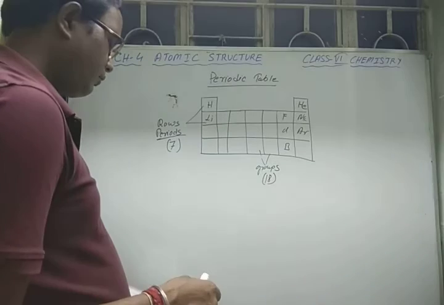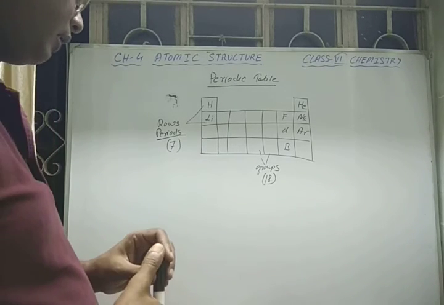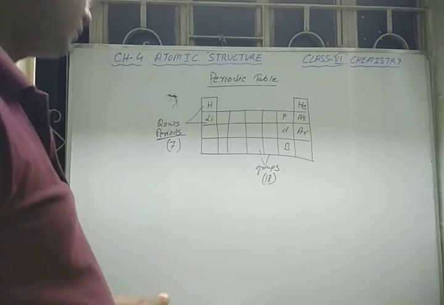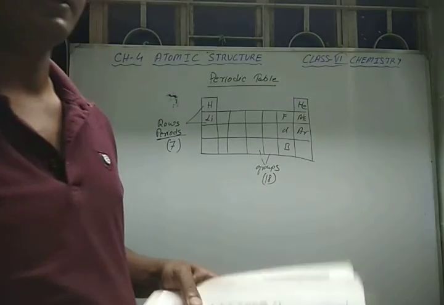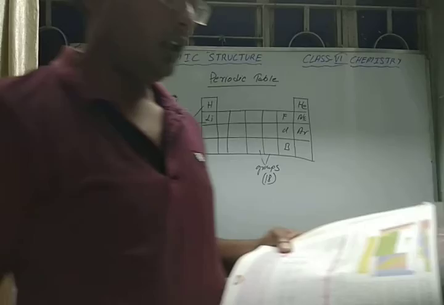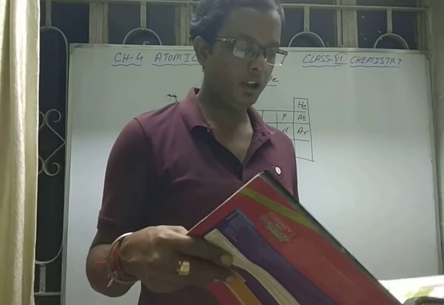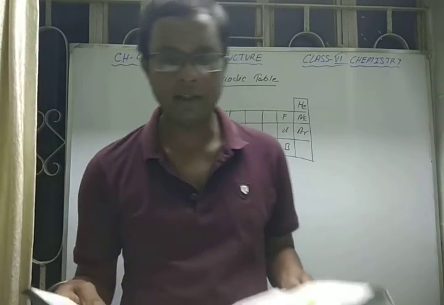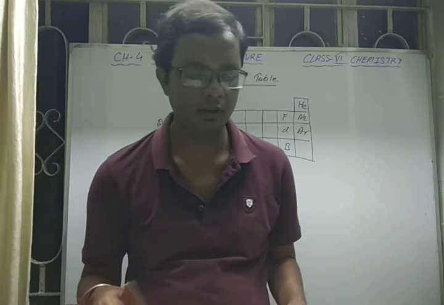So the horizontal rows are called periods and the vertical columns are called groups. 18 groups and 7 periods are there in the periodic table. You may have a question in your mind about how these elements are arranged in this periodic table.